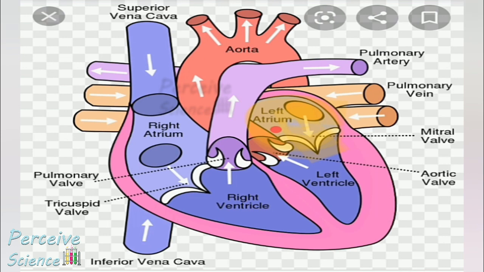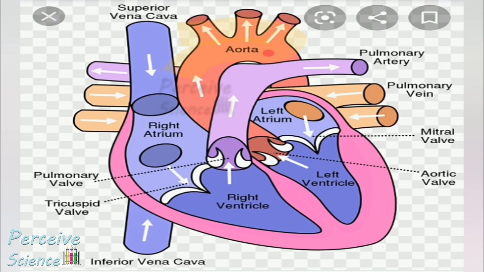Now, the left atrium pumps the blood to the lower part of the heart, the left ventricle. It's the job of the left ventricle to pump the blood into the aorta for the supply of blood to the rest of the body, where the body parts get all the oxygen and food required to perform different functions and to sustain life.